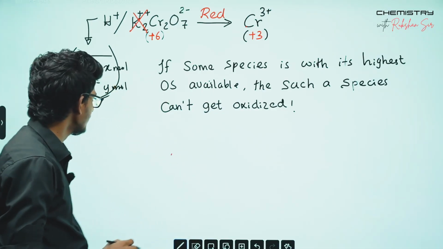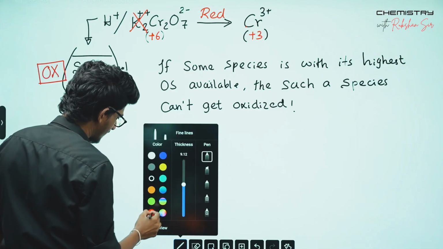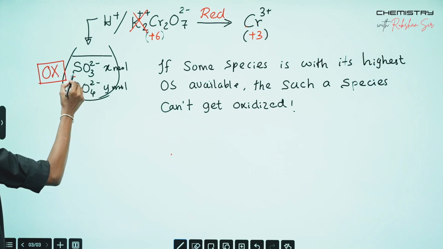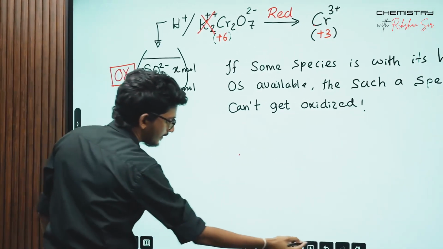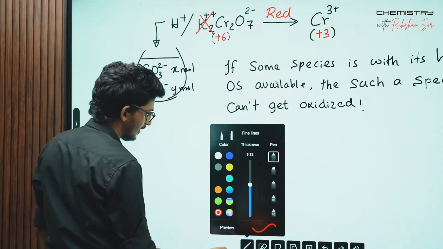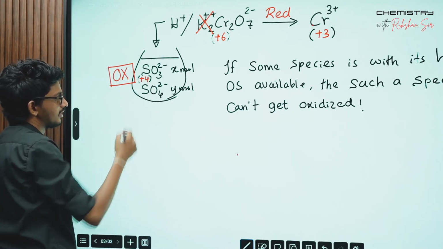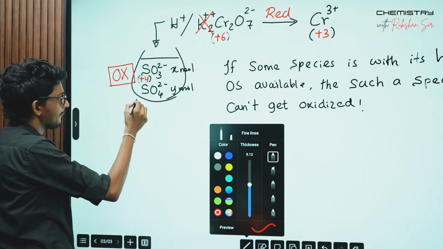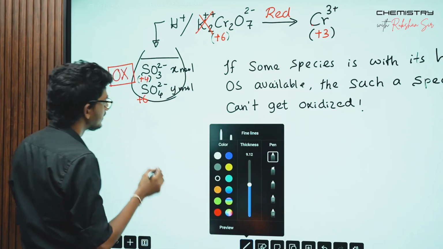So when we are referring to these two guys, what are the oxidation states here? With the sulfite, sulfur's oxidation state is +4. With sulfate, sulfur's oxidation state is +6.